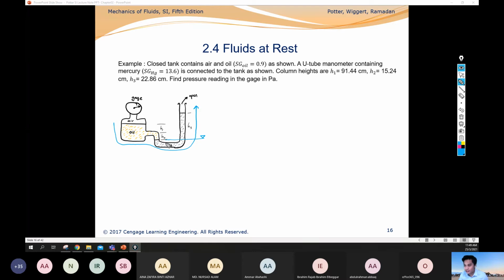Do you want to ask why I use this datum, or do you already know? No, doctor. Yes, I want to ask. Okay. Why do I use this datum? Because if I use this datum, I already have the values. You can see H1 and H2 start from where the question asks. They start from this bottom side, right?